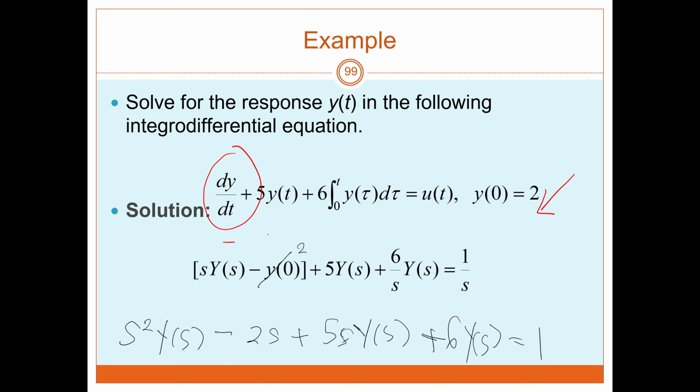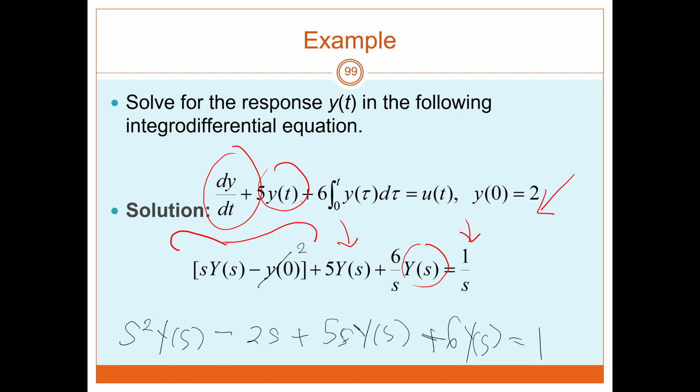This is for the dy over dt part. Plus 5yt, which is ys, plus for integration, if we have integration, we make it as 1 over s multiplied by 6, the coefficient, and the signal itself, equivalent to 1 over s for the step function.